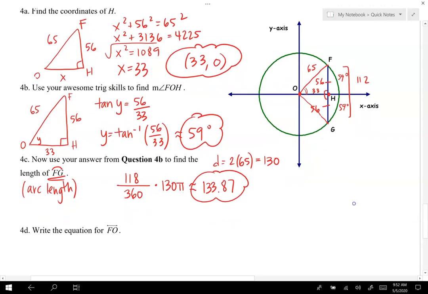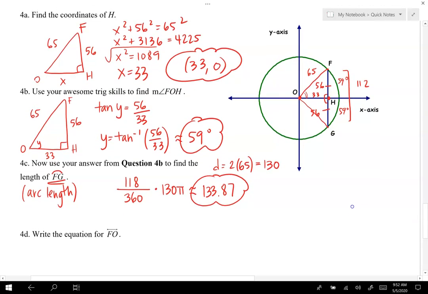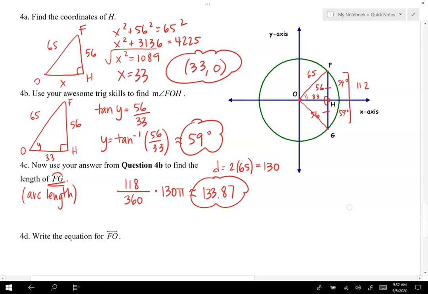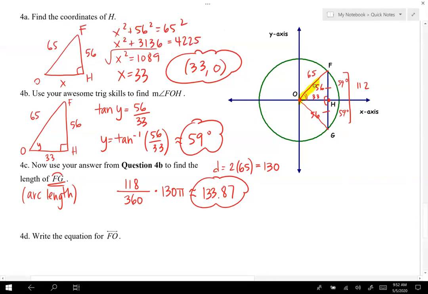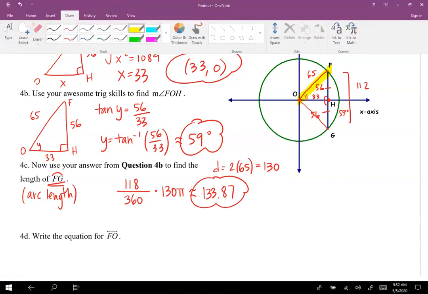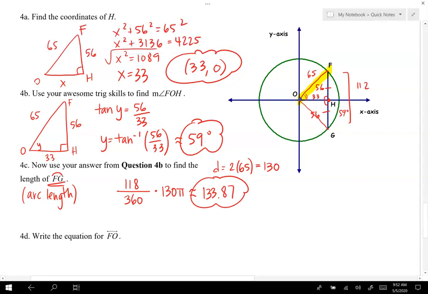Okay. Last thing, now write the equation for the radius this time. Okay. You have a couple options here because you actually have 2 different points. You can use O and say, oh, okay, I can use 0, 0, or you can use F, which is, now we know, 33 to the right, based on our right triangle, and 56 up.